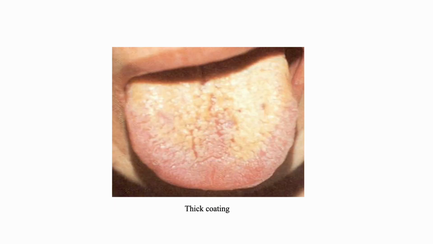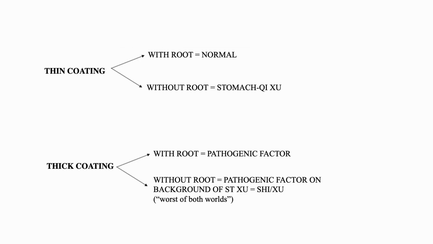The thickness of the tongue coating reflects the strength of the pathogenic factor clearly and accurately. The thicker the coating, the stronger the pathogenic factor. If a thin coating becomes thick, this indicates that the pathogenic factors are getting stronger or that they are penetrating deeper into the interior. The latter situation applies to conditions of acute external diseases.